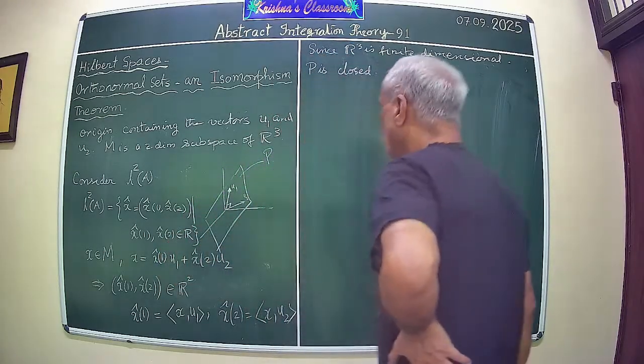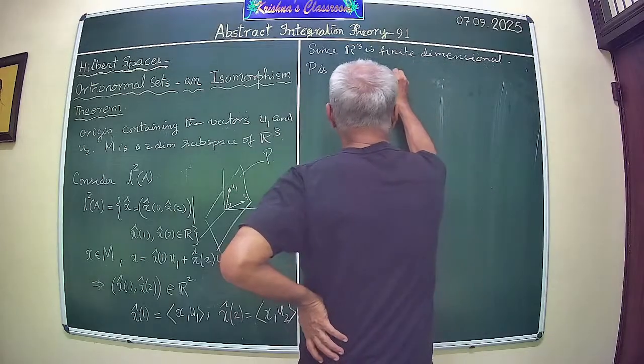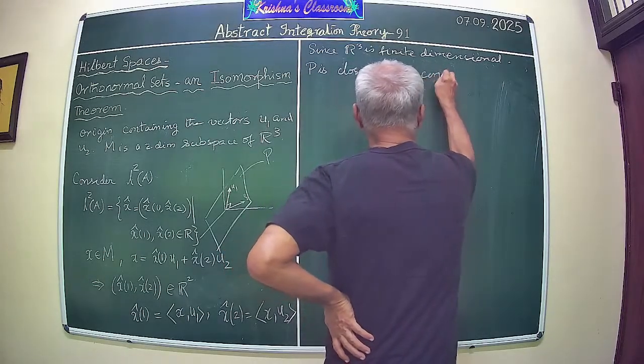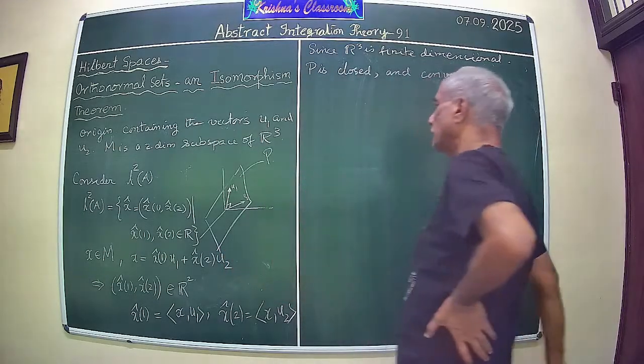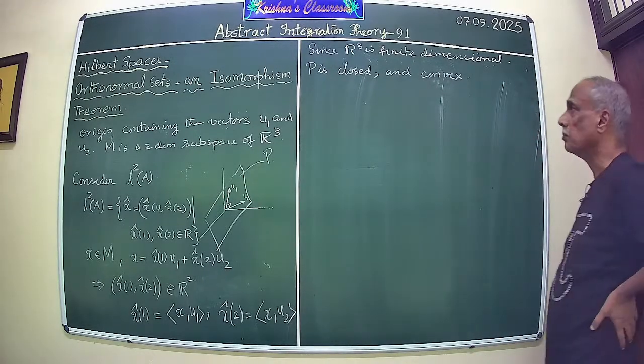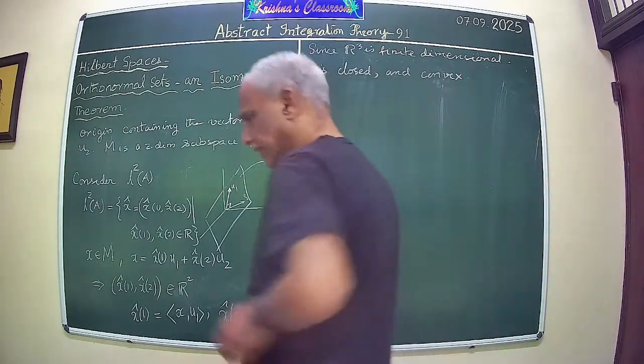This P is a subspace, therefore it's a convex space. P is a closed subspace because it is finite dimensional.